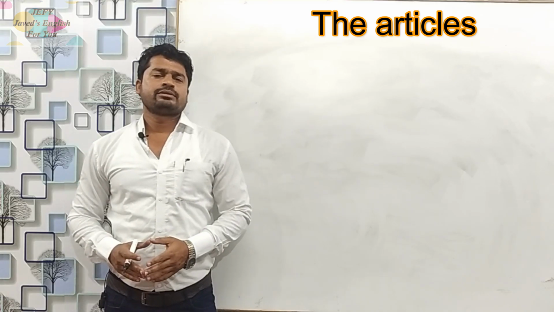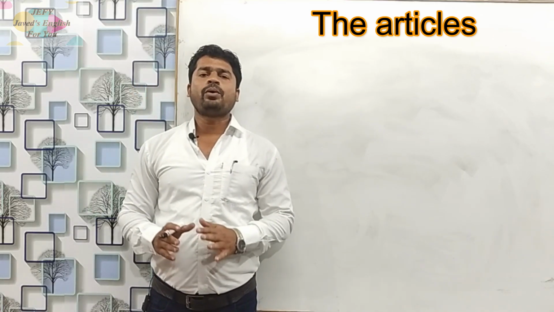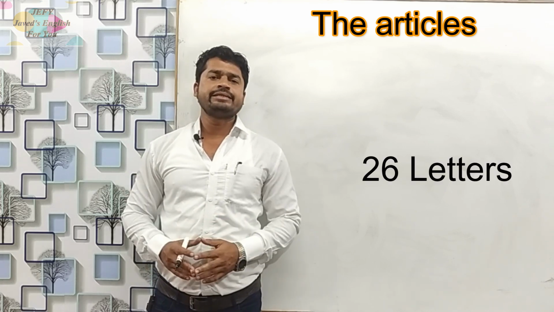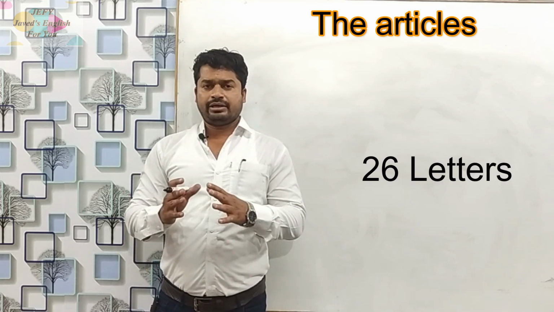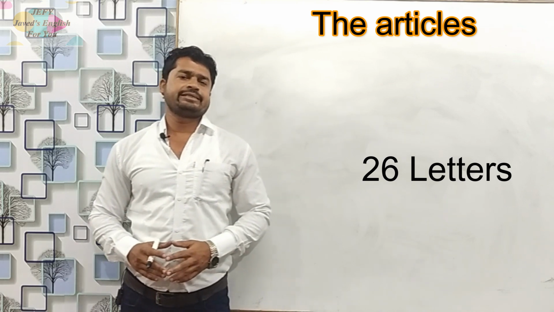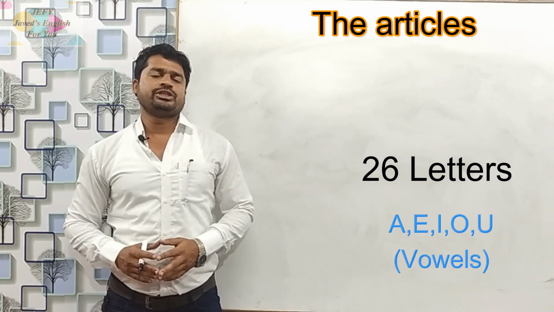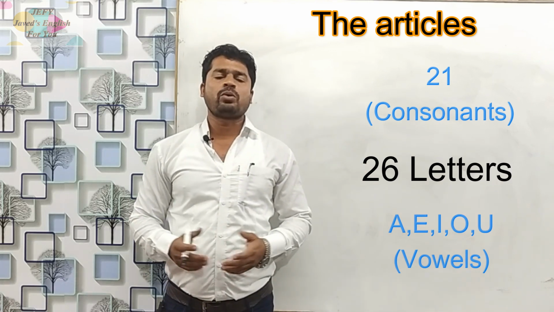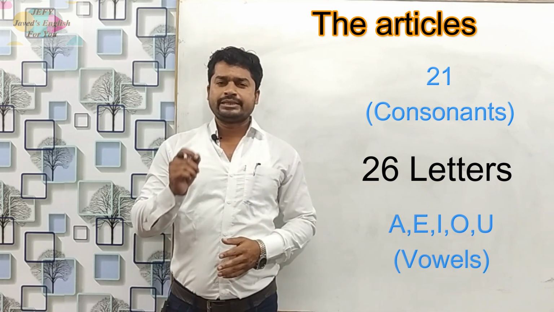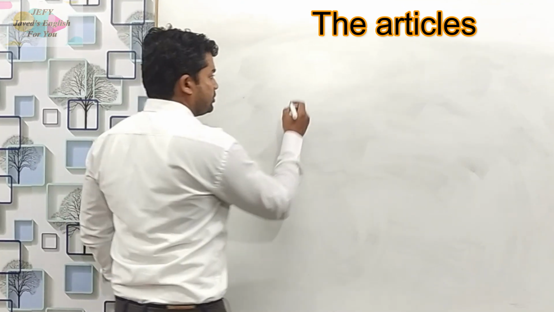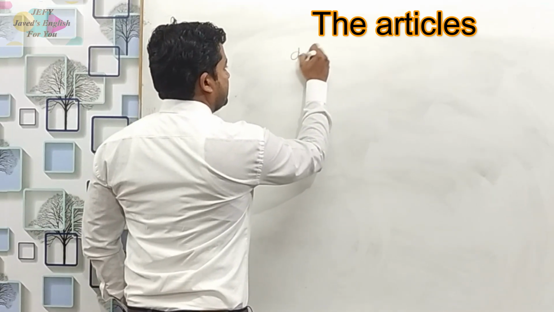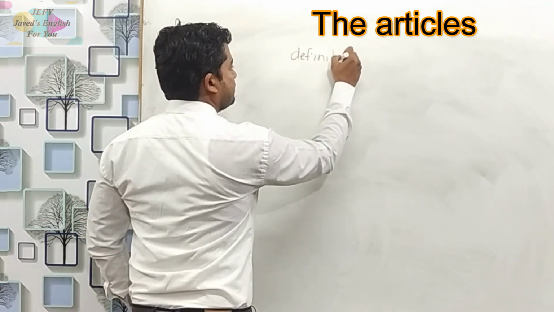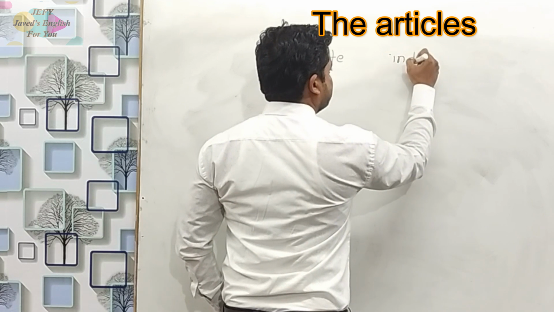In our school days or in our college days, we all have learned that there are 26 letters in the English language, and they are divided into two different categories. A, E, I, O, U: these 5 are vowels, and the remaining 20 are called consonants. Similarly, the articles a, an, and the are also divided into two groups: definite articles and indefinite articles.